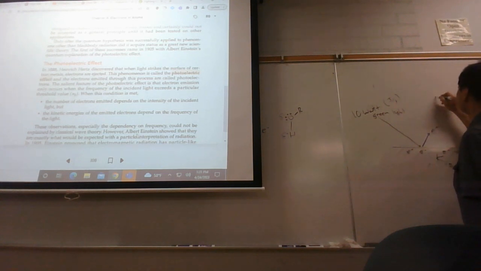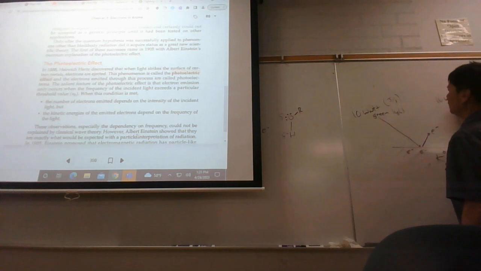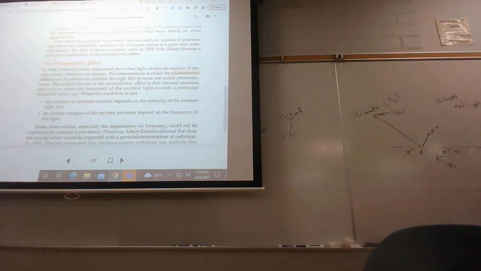So what if I use 10 watts of red light? Same amount of energy, so it should have the same effect. I'm putting 10 joules worth of energy on the surface of this. And so if I do 10 watts of red light, you would expect it to be ejected, but it's not.